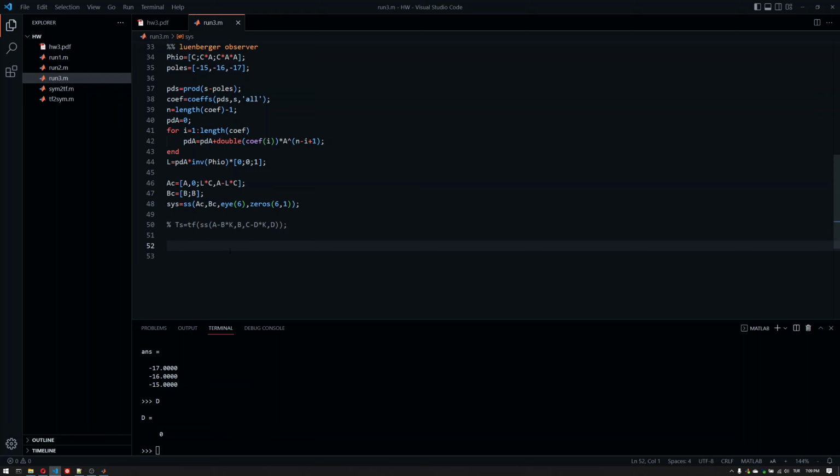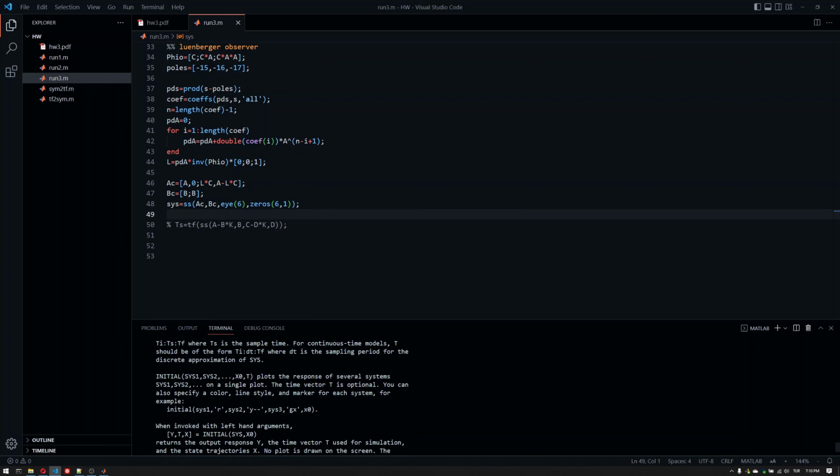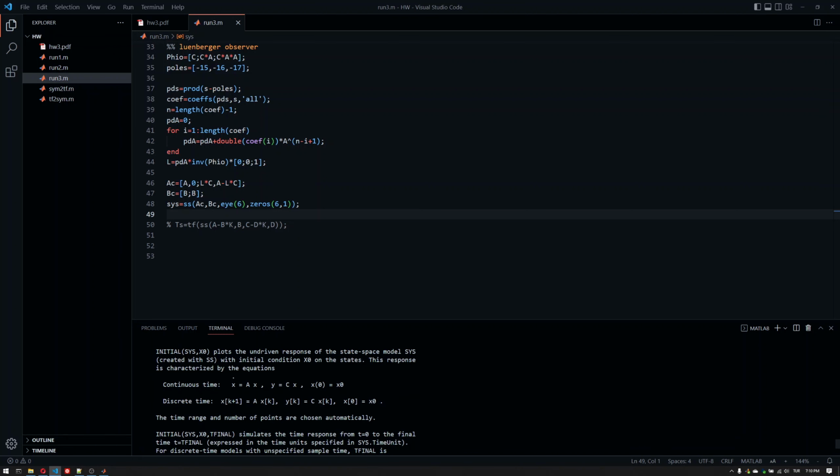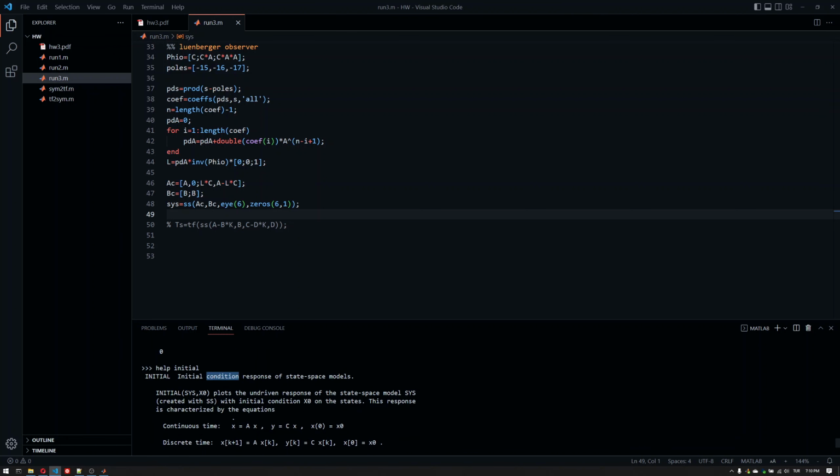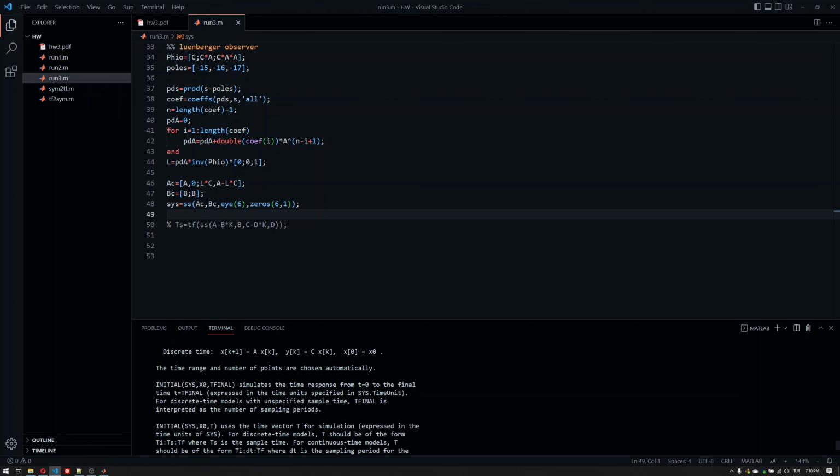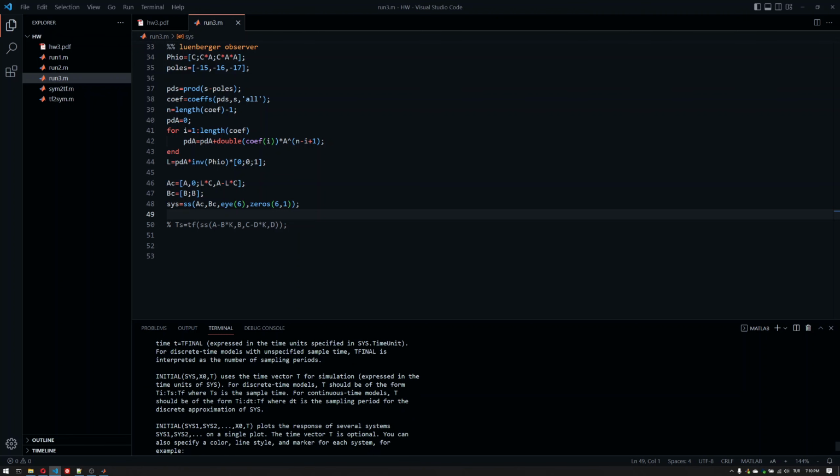Now we need to simulate this. As far as I remember, there's something called initial, and we provide the initial condition and the system, and it will just create a plot for us.